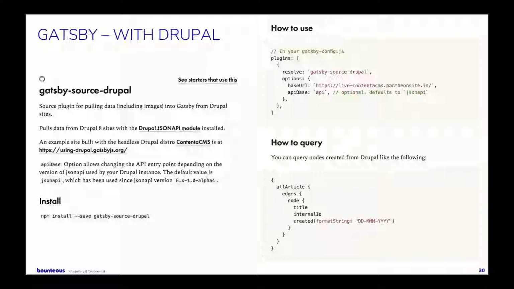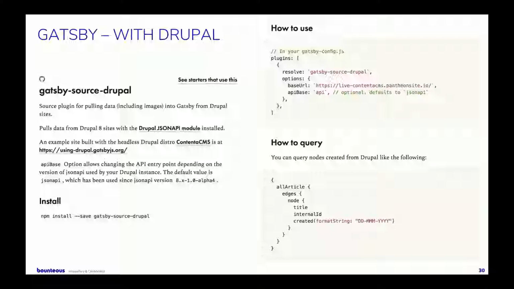But the cool thing is that there's a really low-effort way to get all of the data, as long as you have JSON:API enabled, available to play with in Gatsby. And then you can query it, like that example there. You'll have all the things that you expect. It can even have referenced entities, and during the build process, it's going to find file entities, like images, and take a local copy of that image and do image manipulation on it.